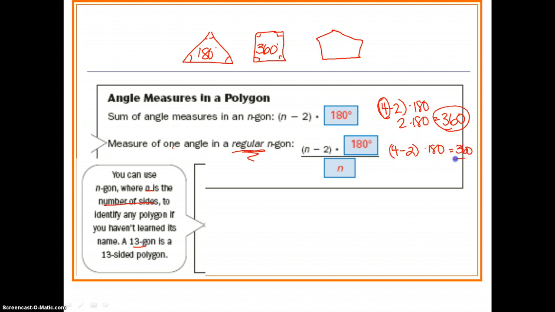Take 360 then, divide by the number of sides, which was 4. And you can tell that that's 90 degrees. And that makes sense because a regular polygon with 4 sides is a square, because it has to have the same equal length. And squares have 90-degree angles.